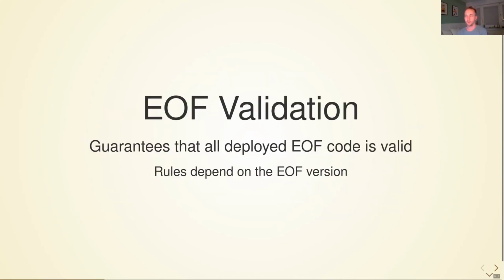A critical part of this EOF design is that there will be a validation step before the code can be deployed. So when you encounter code that starts with the EOF prefix, you can assume it's already valid according to the version it promises in the prefix.